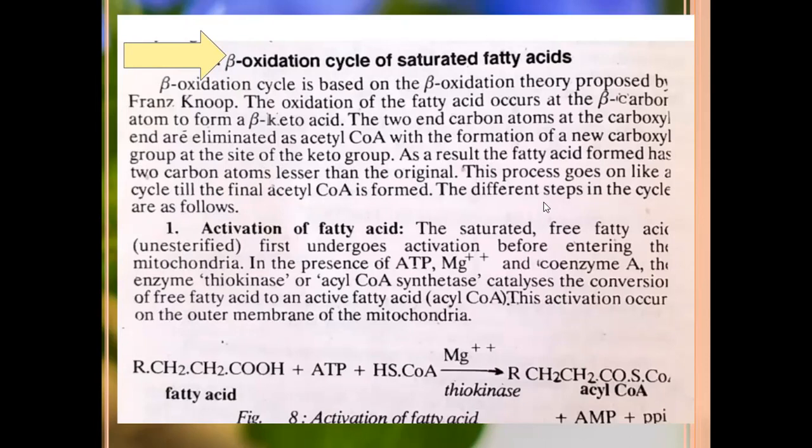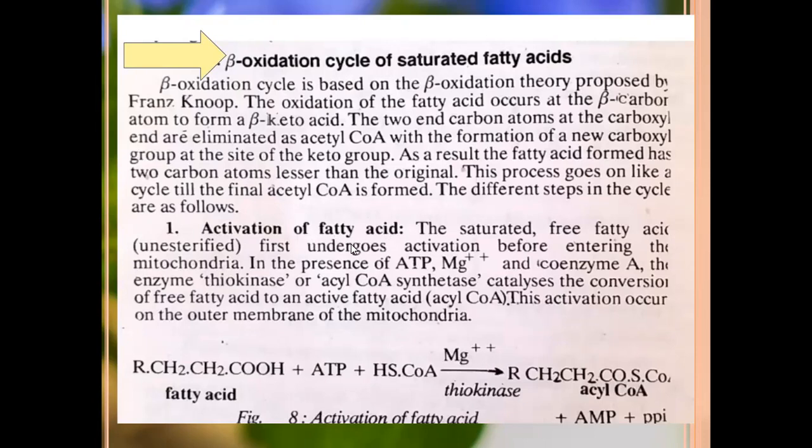The different steps in this cycle are as follows. First step in the beta oxidation of fatty acids is activation of fatty acids.